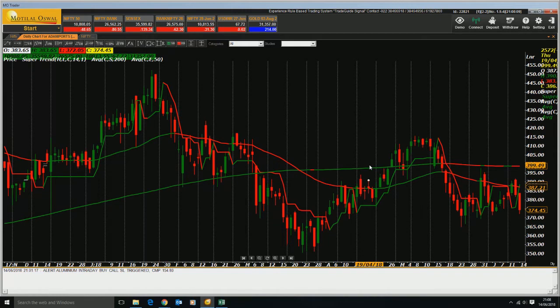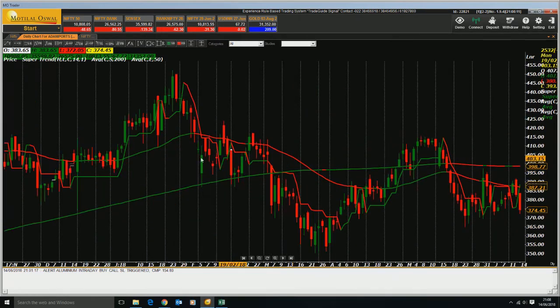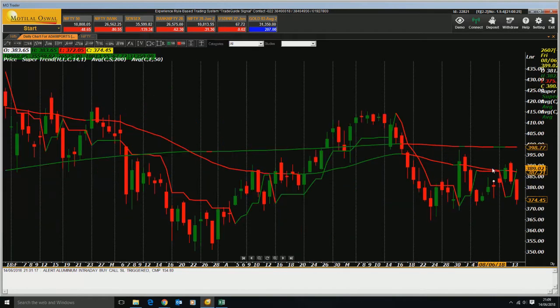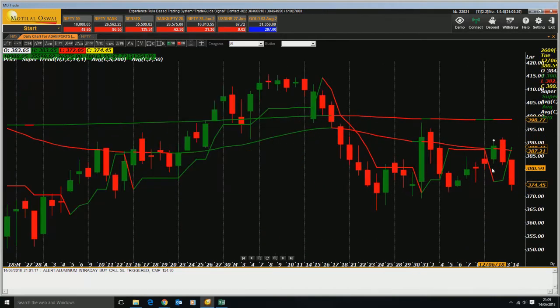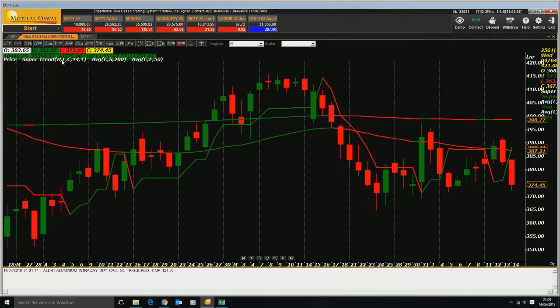Keep two things in mind. This line is the 50 period exponential moving average, and this main curved line you can see is the 200-day simple moving average, right? And moreover, I have simply plotted one super trend. I'll give you the settings of that super trend too.